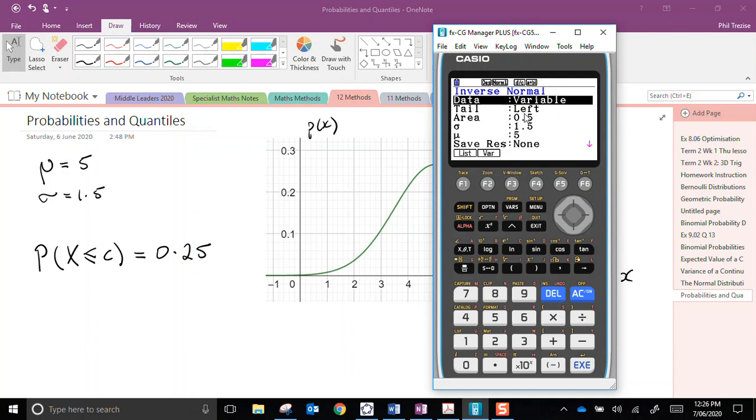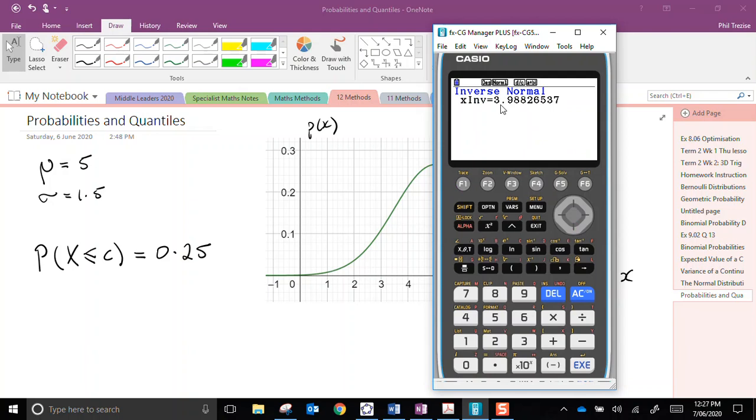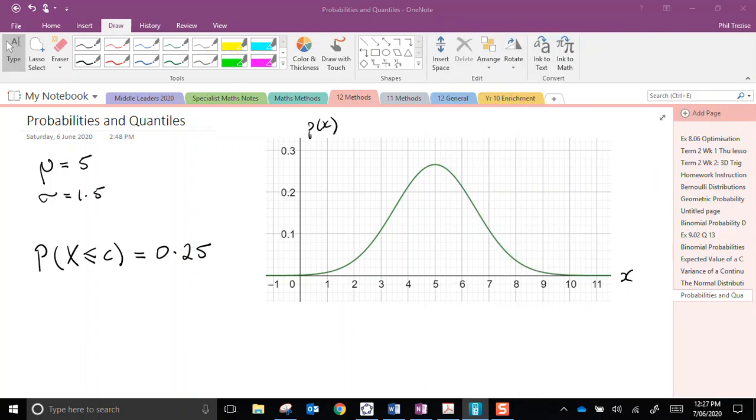So I want the tail to be on the left hand side, I want the area to be 0.25, and I've already set that the standard deviation is 1.5 and the mean is 5. So let's just move down and calculate that. It tells me there 3.99, or very close to 4.